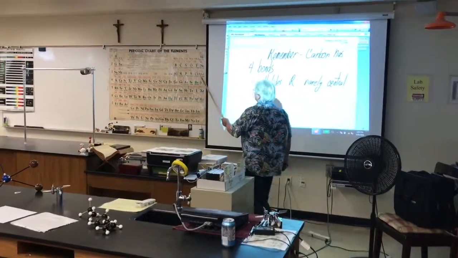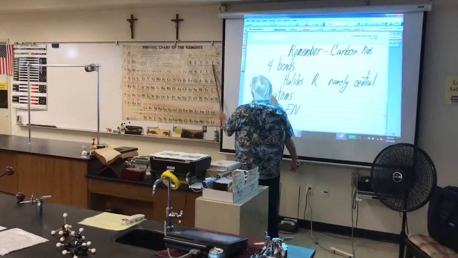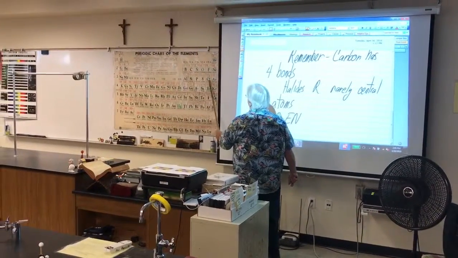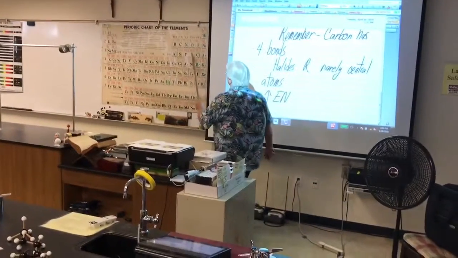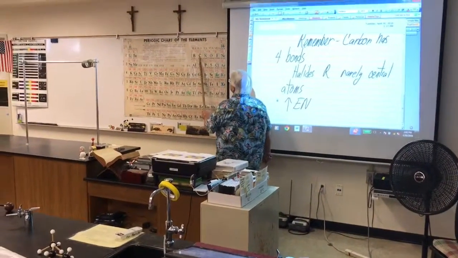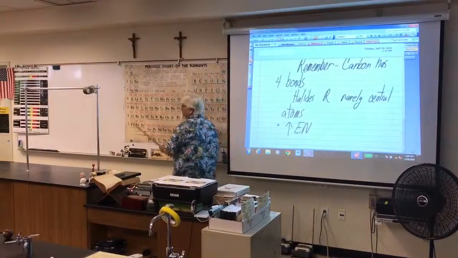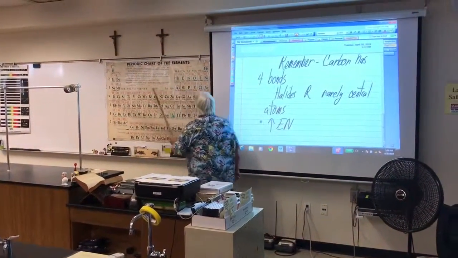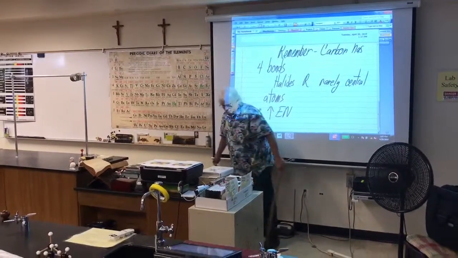like fluorine has what number? 4. Oxygen? 3.5. Nitrogen and chlorine? 3.0. Carbon? 2.5. Good. Hydrogen? 2.1. And those are the ones we use the most.